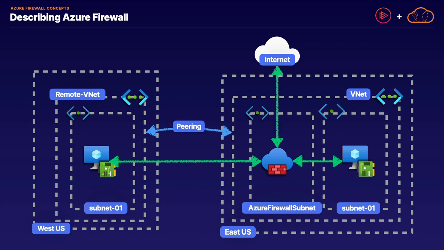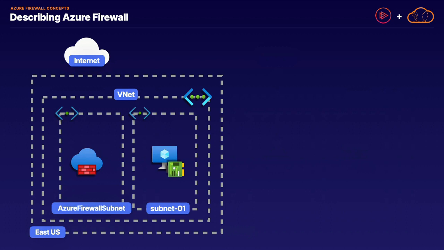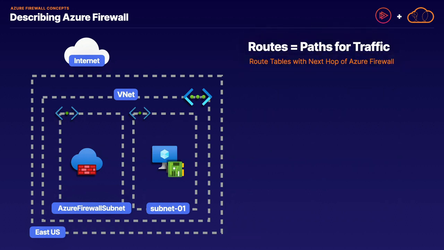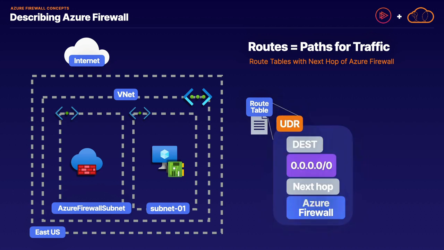Now, how we're able to route traffic towards the firewall is actually via routes. These routes are our pathways for traffic, and we can establish a route table resource that has a route with the next hop of our Azure Firewall. And this might look like a user-defined route that says that all traffic destined for 0.0.0.0/0 will have the next hop of our Azure Firewall.